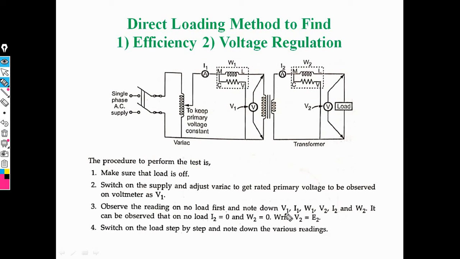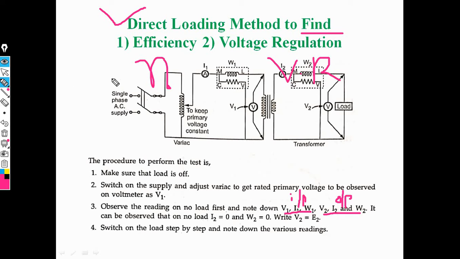First, input side V1, I1 and W. Then output side V2, I2 and W. This is the input parameter and this is the output parameter. These six parameters are important in the direct loading method to find the efficiency and voltage regulation.